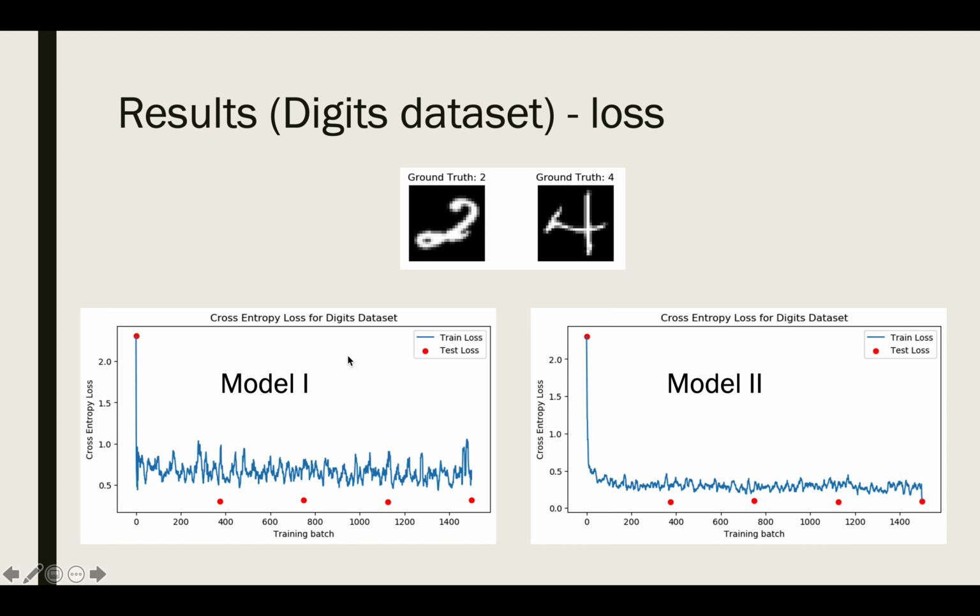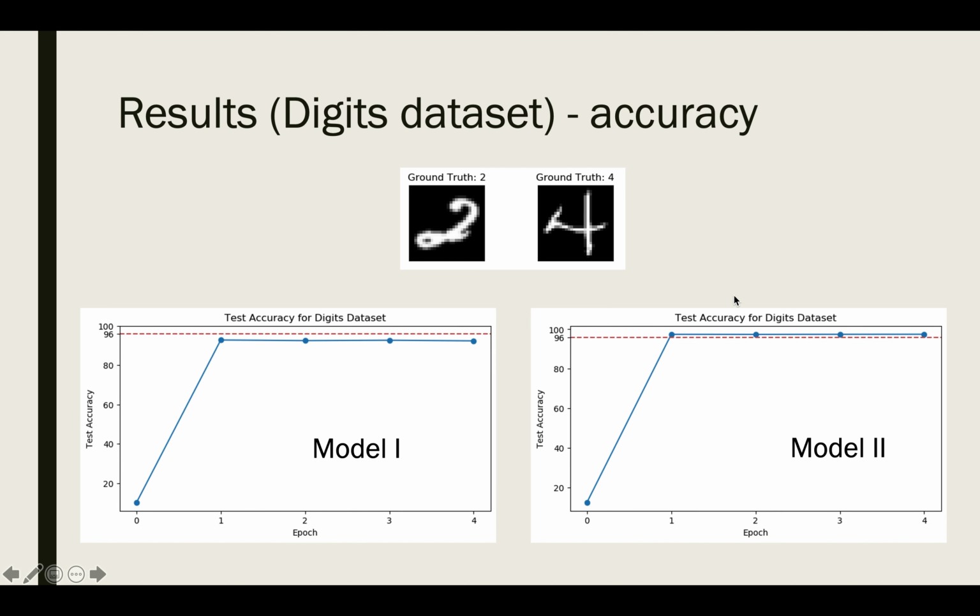Here on the left side we can see the loss plot for different training batches of the data that are fed to the network, and the network is trained with that. So we can see that the loss of training is almost similar for both of the models. It is not very different. Actually, model 2 is slightly better, but the difference is not very considerable.